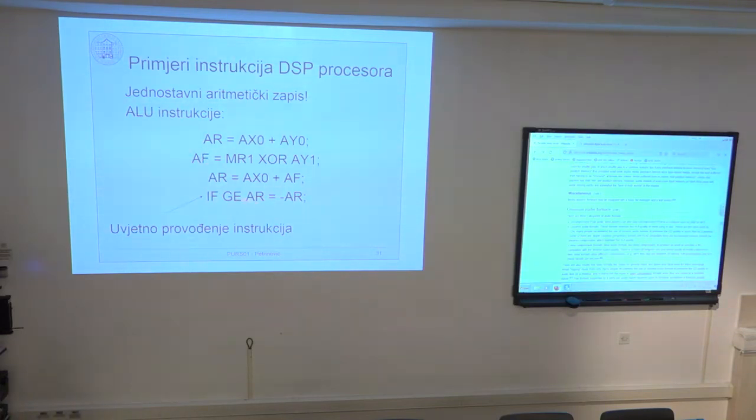And final example is conditional execution of assembly instruction. It is very nice feature because on a conventional architecture of some microcontroller or CPU, the condition you only use for branching. So you say if condition is satisfied, then jump. In this case, you can add this condition in front of assembly instruction.